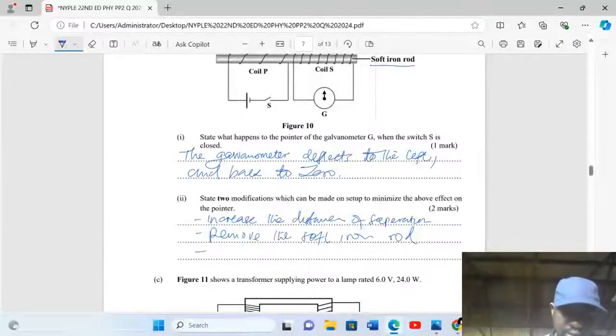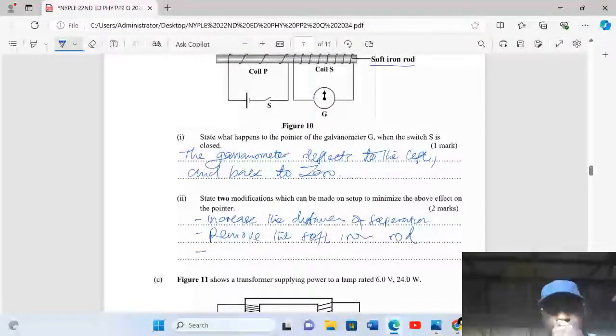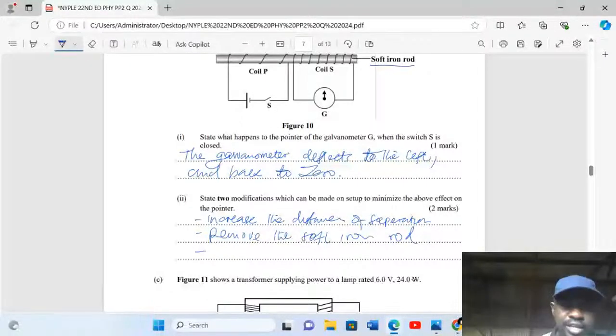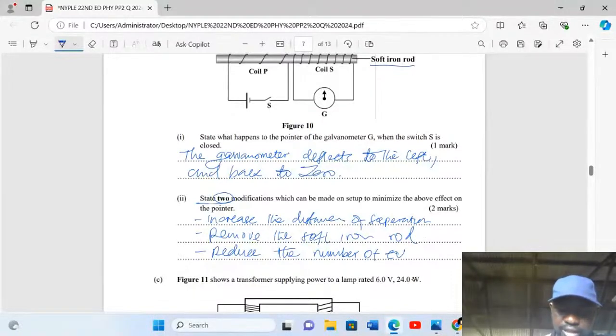Then reduce the number of turns in coil S. Once you get a question that is strictly limited to a number of points, that is exactly what you are supposed to give.